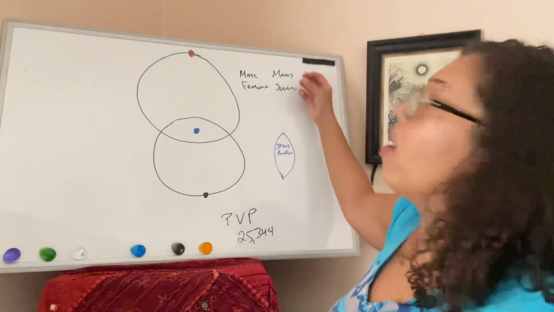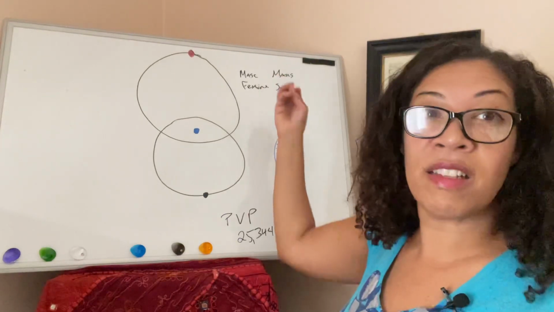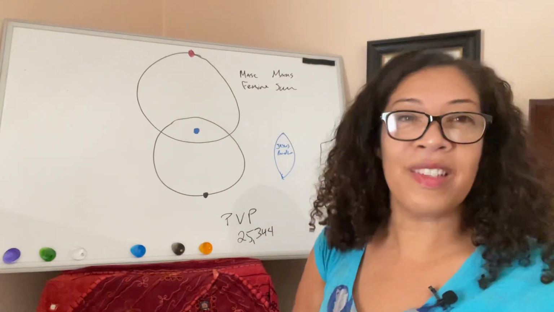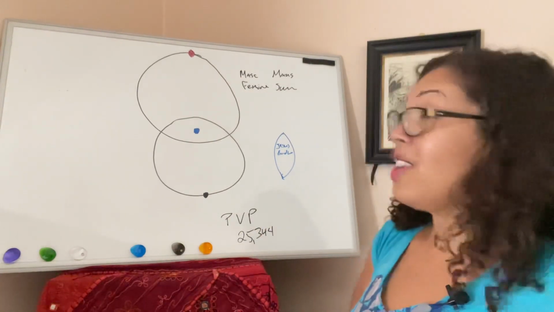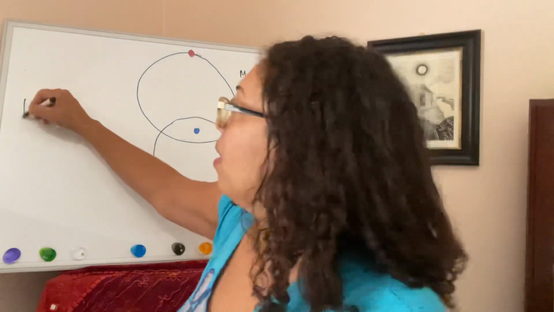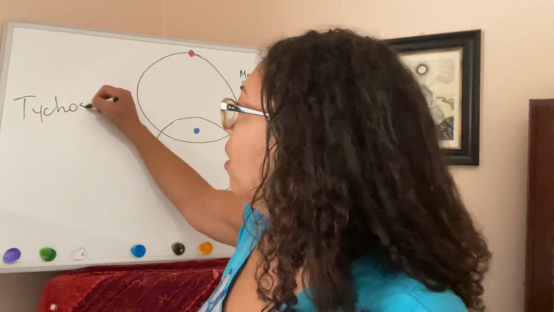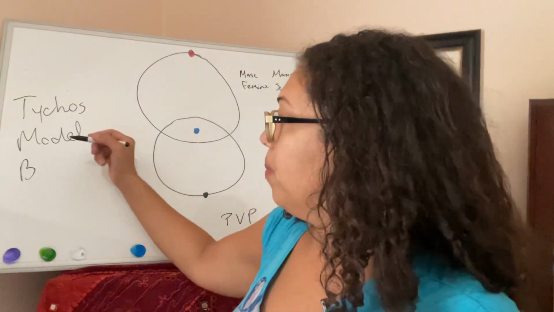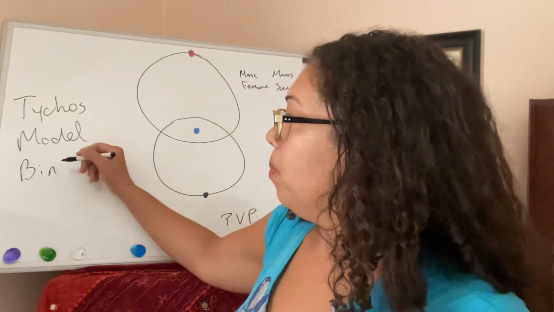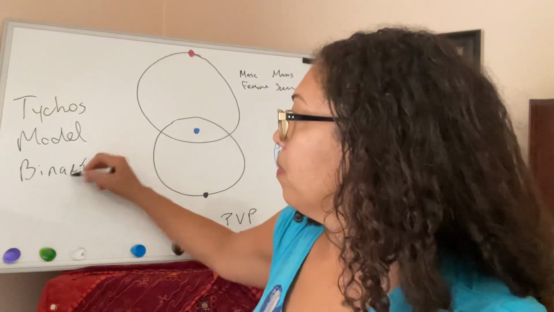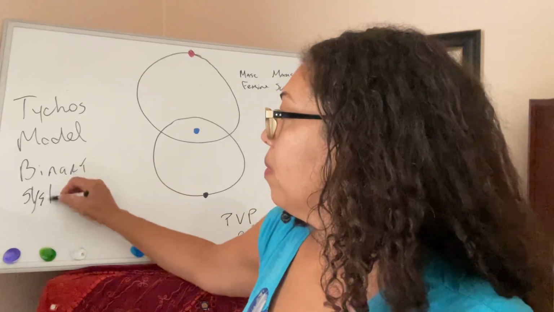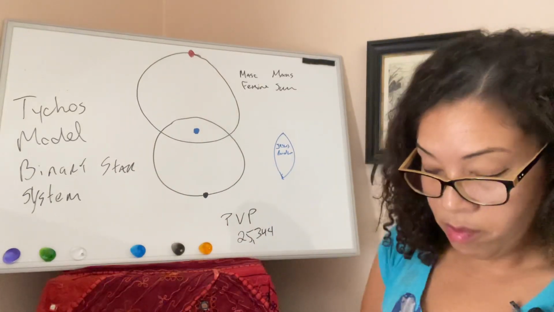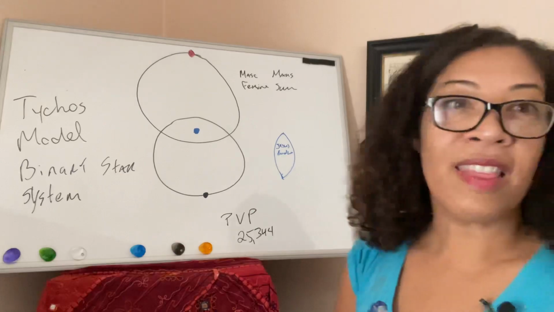And that is drawing together these two energies, masculine and feminine, and it's reflected in our solar system, which is, in the Tychos model, I'll spell it, a binary star system.